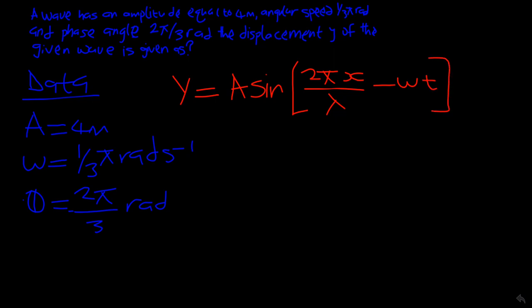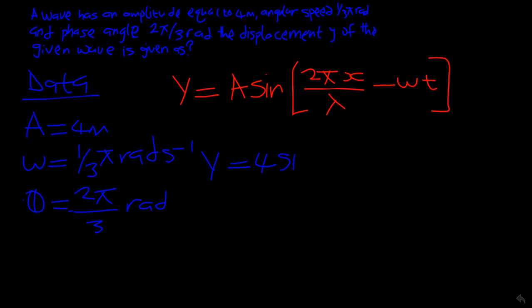And so all you need to do here, in order to get the displacement y, we just need to plug in our values. Here is amplitude, so we'll plug it here. We're given w, we'll plug w here, and we're also given our phase, which we'll plug here. Now it becomes y equals A, which is the amplitude, 4.